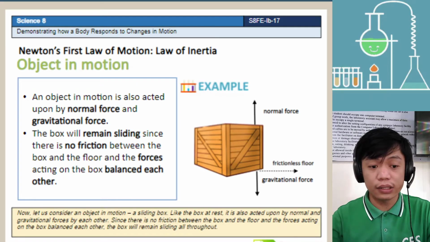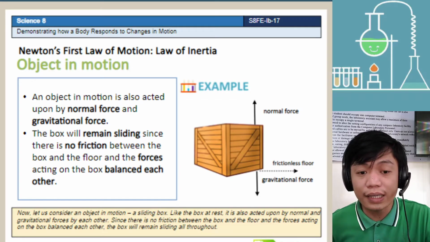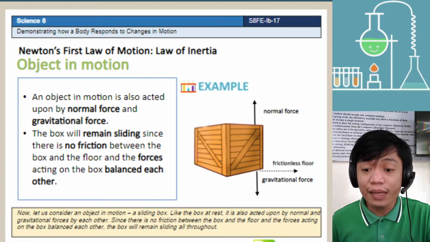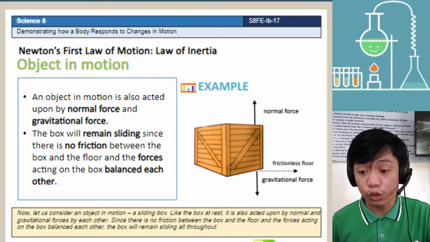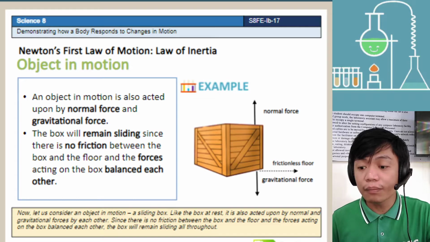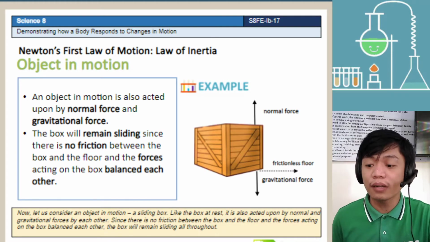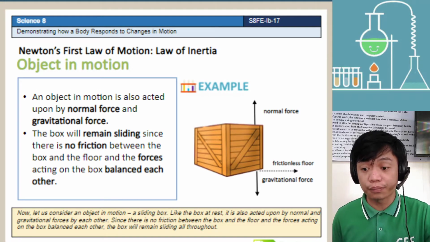So let us continue. Let us consider an object in motion, a sliding box. So when we say in motion, it is in motion. So let's see. A sliding box. Like the box at rest, it is also acted upon by a normal force and gravitational force that balance each other.